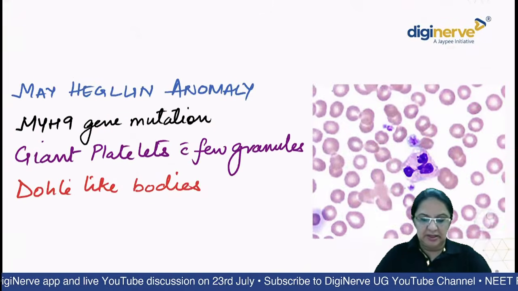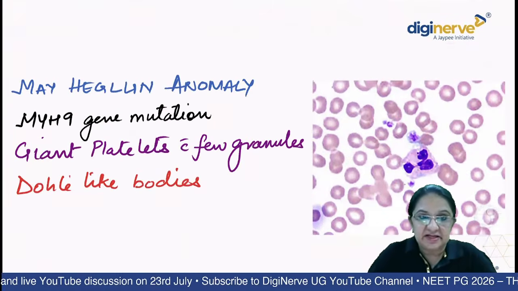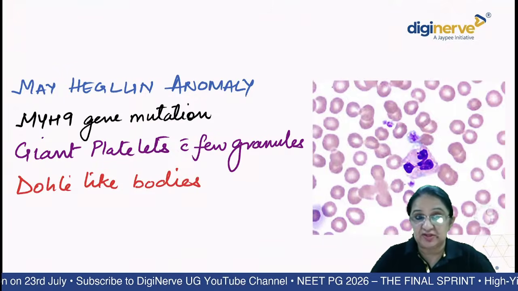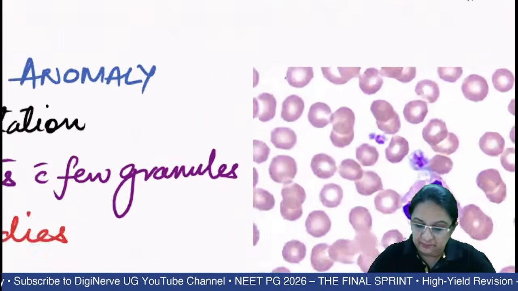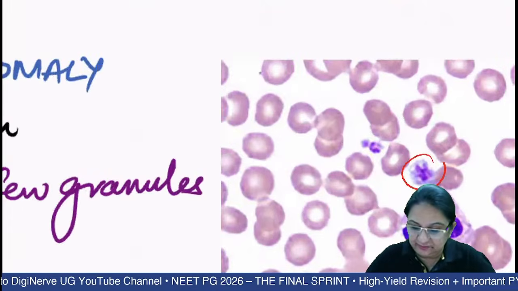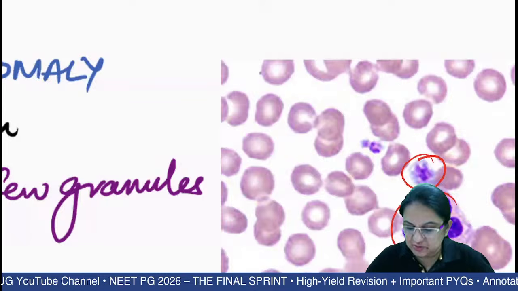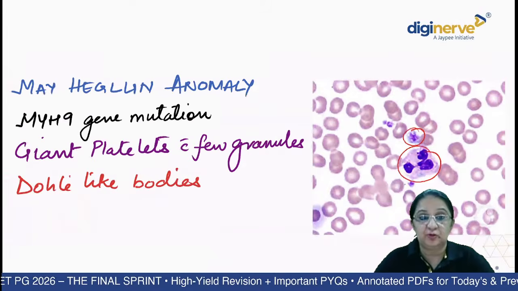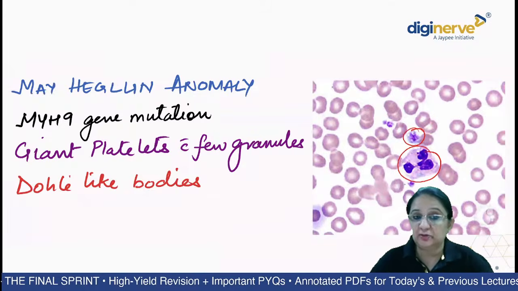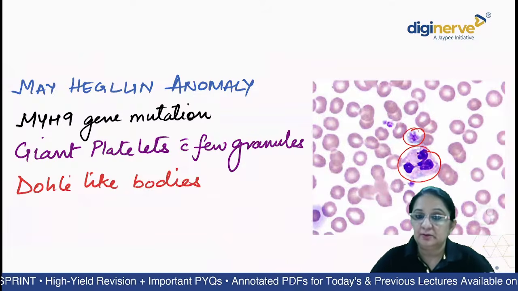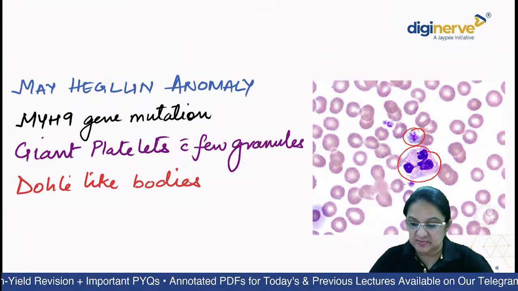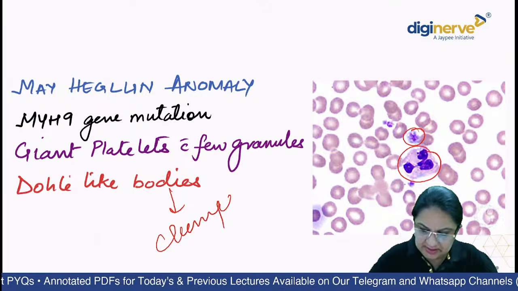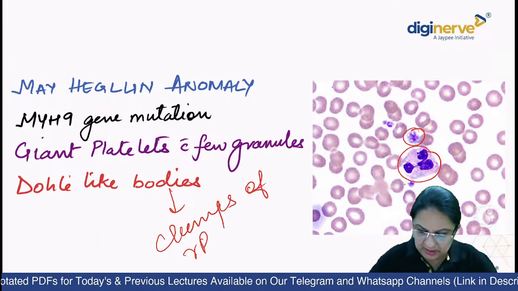Right? Now, coming to May-Hegglin anomaly. What do you see? Giant platelets with few granules. But what is the defect that you see in the WBC, the neutrophil? Döhle-like bodies, not the Döhle bodies, which are normal. Döhle-like bodies are clumps of ribosomal RNA.